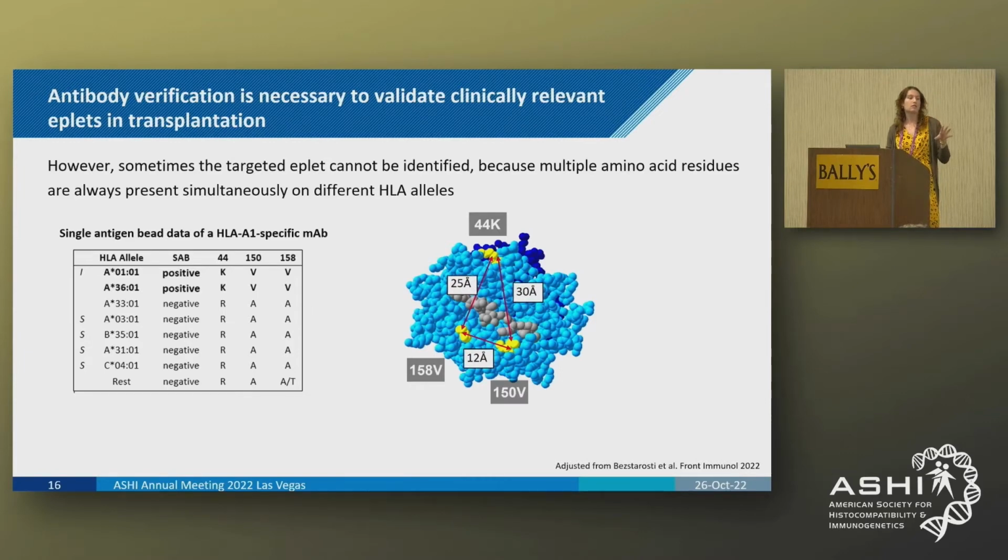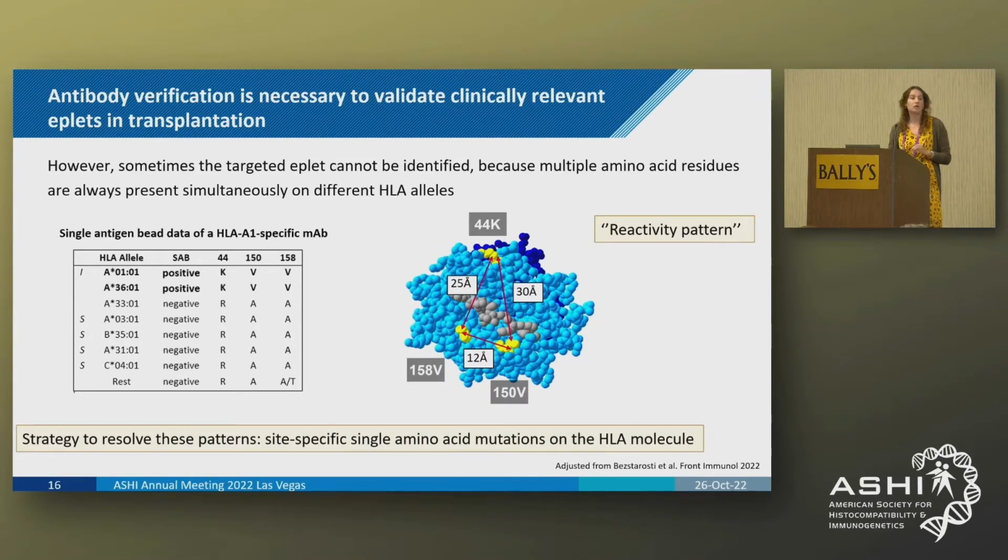So here we can safely say that it's not possible that these 3 amino acids together are really part of this same eplet or the same functional epitope. So we've called this pattern a reactivity pattern, because we see this pattern in a single antigen bead assay, but we cannot really pinpoint the eplet that is really recognized.